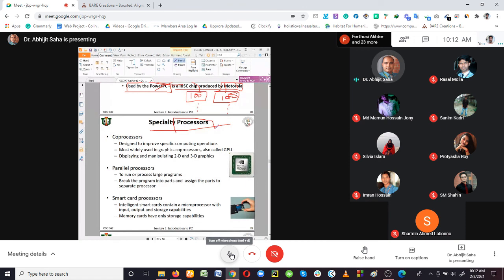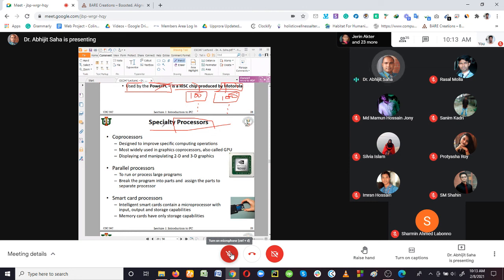Like the graphics card that we saw yesterday: in the graphics card you will see there is a fan and a heat sink. The fan and the heat sink have been given on top of the processing unit, which is actually the GPU, the graphical processing unit. So there are some specialty processors in the computer system.